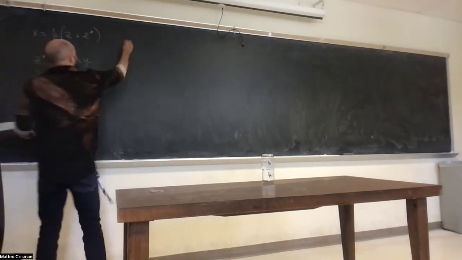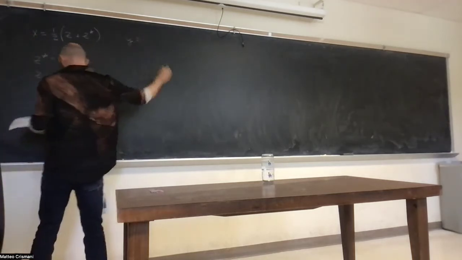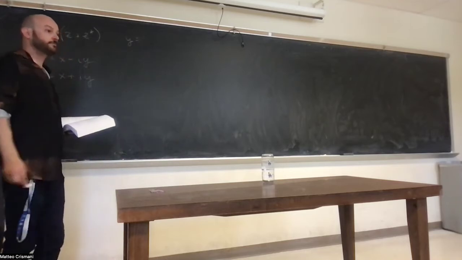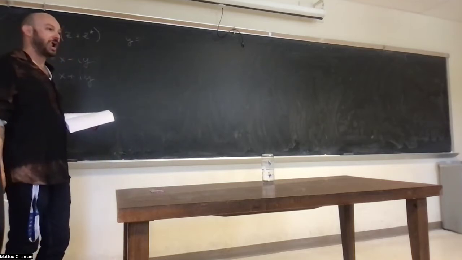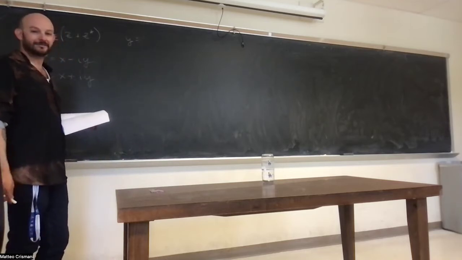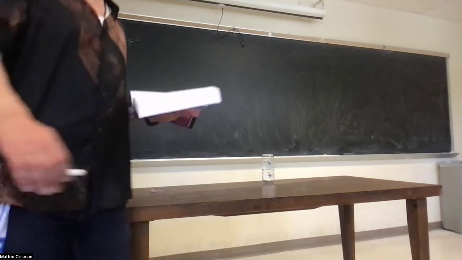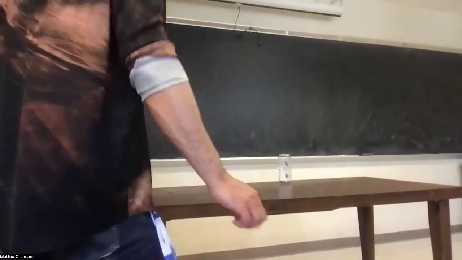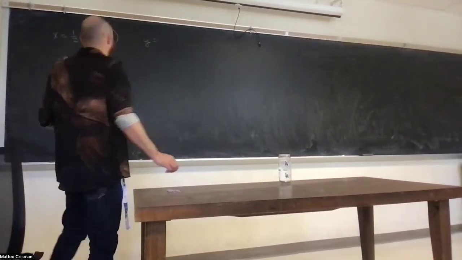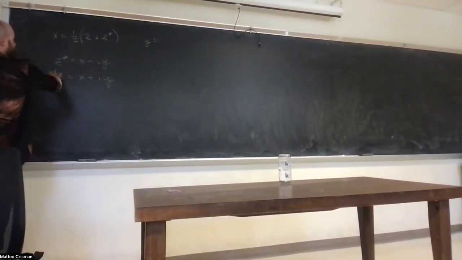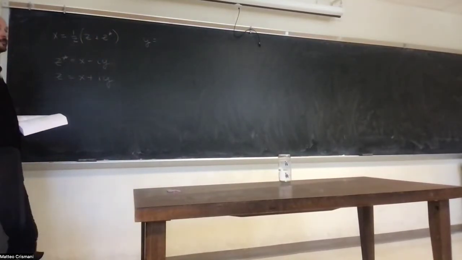How would I write y? Is there a clever way to do that? Probably solve for x and plug in. Well, let's have a look at these two forms. x minus z, 1 over 2.